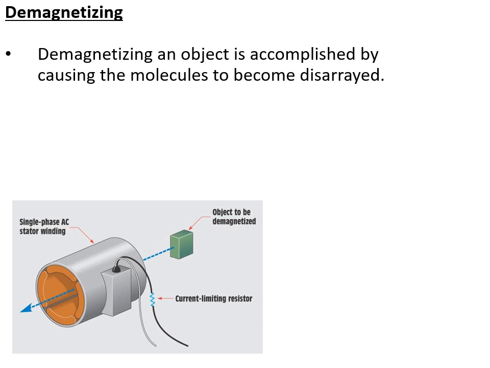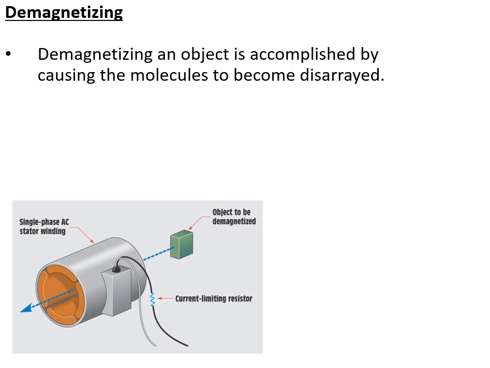Another way to do it is to take an old motor stator, the stationary part, and hook it up to an alternating current. So effectively what you've created is an electromagnet where the magnetic field is constantly going back and forth and back and forth and back and forth.